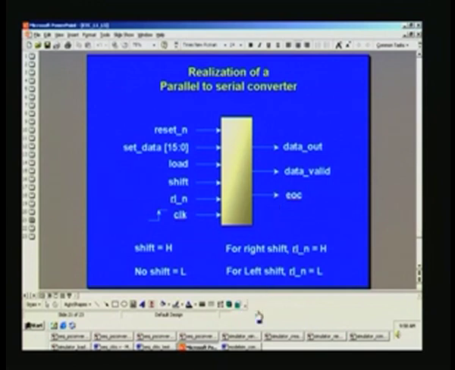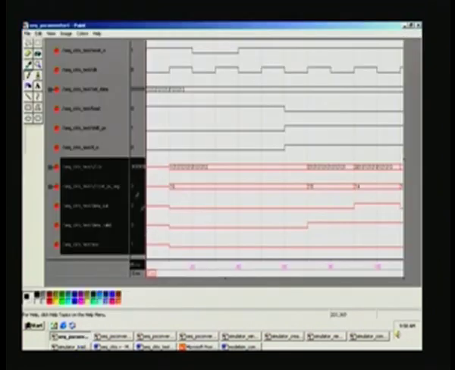And looking at this waveform, we have already looked into this. I will explain here and then zoom. We mentioned that it is basically a shift register which has been loaded with 1010 prior to that, that is right here, with the set data being put over here with load asserted.